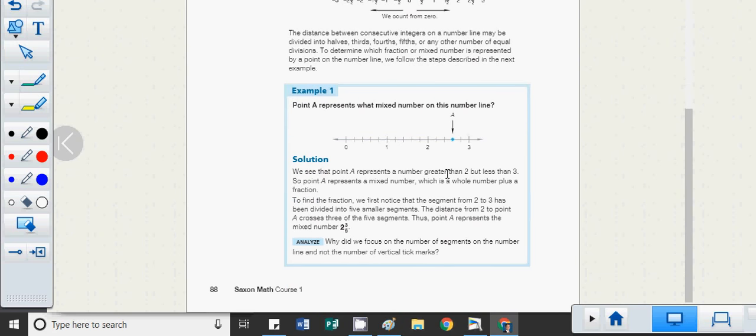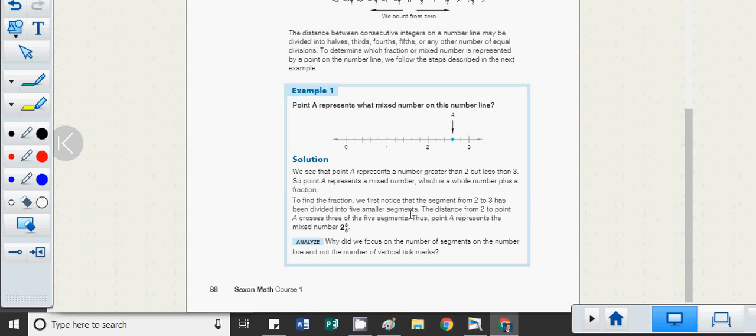So point A represents a mixed number, which is a whole number plus a fraction, since it's between two whole numbers. To find it, we first notice that the segment from 2 to 3 has been divided into 5 segments, or fifths. The distance from 2 to point A crosses 3 of the 5 segments, so 3 of 5, 3/5.